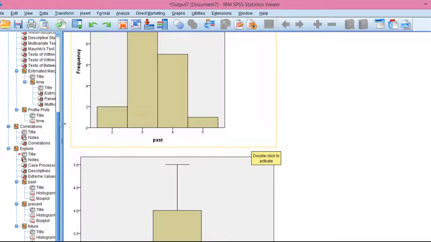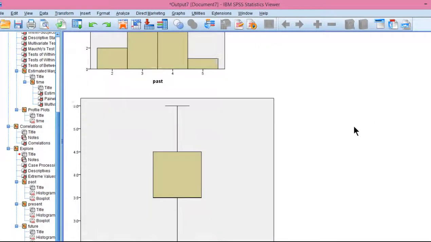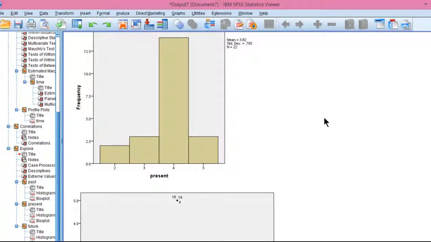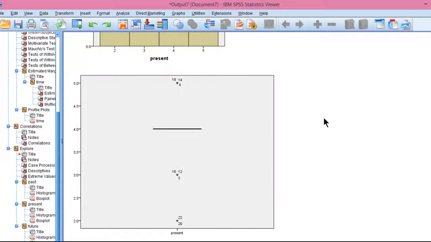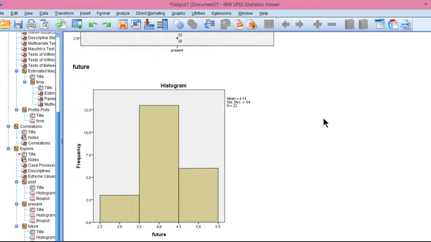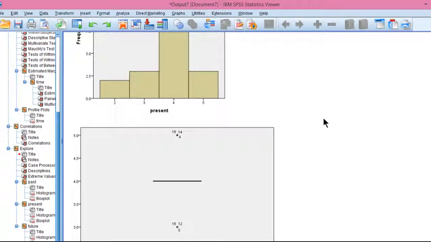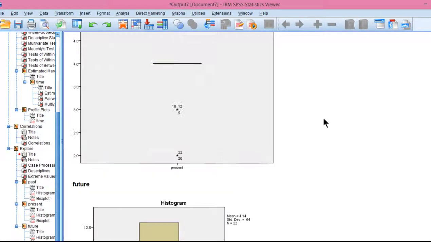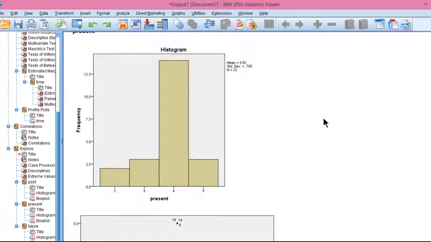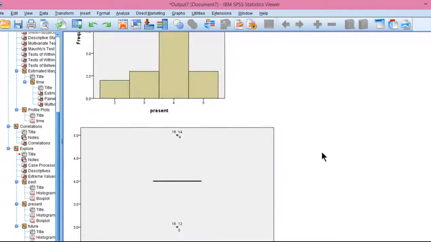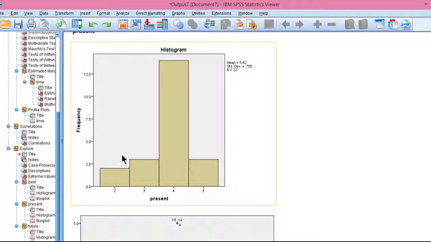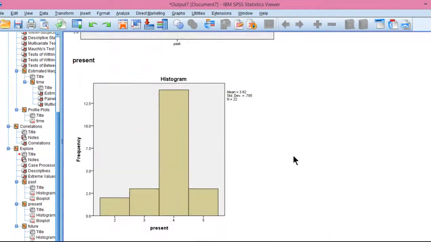You can see that nobody's actually responding 0 or 1, which you'll find sometimes in scales. We do have a bit of an outlier situation here in terms of the present. Let's just look at this a little bit more closely. Or is that the future? No, that's the present. So the present has a little bit of an unusual outlier situation. I actually don't think this is really accurate because when you look at the data this way, there is no outlier in the data.